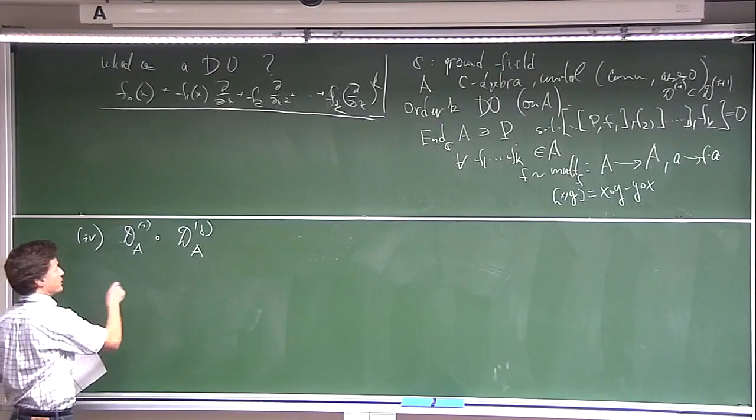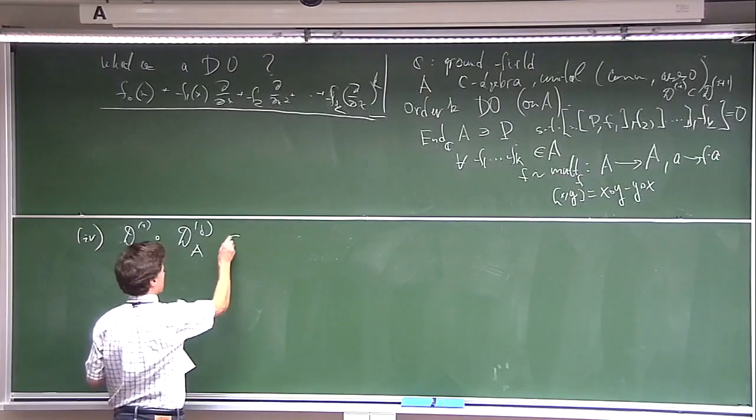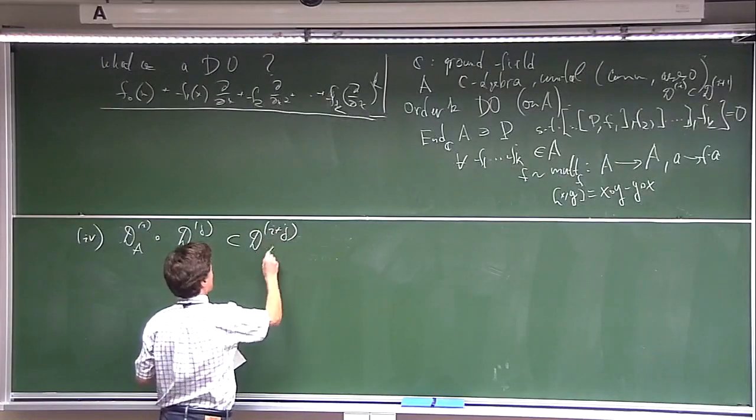So the claim here is that the composition of the ith and the jth component belongs to the component number i plus j.